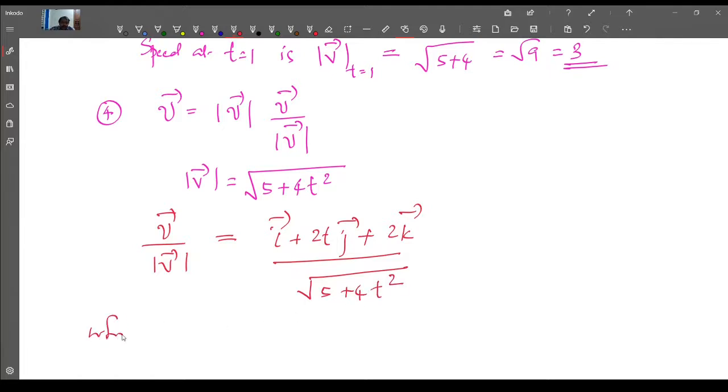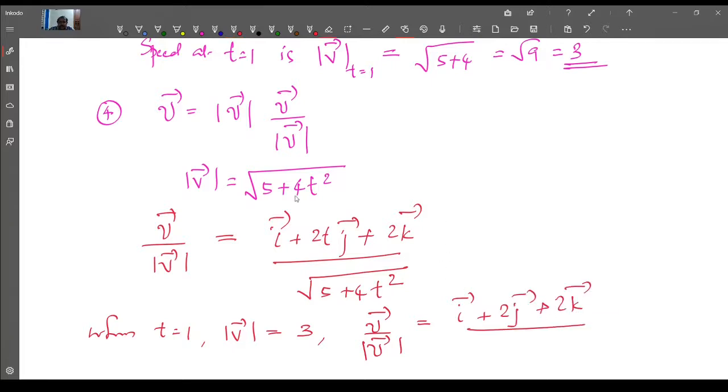Therefore when t equal to 1, modulus of v is 3 and v by modulus of v is equal to i plus 2j plus 2k divided by 3.